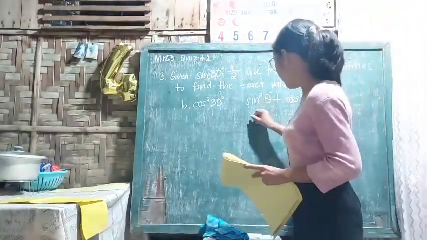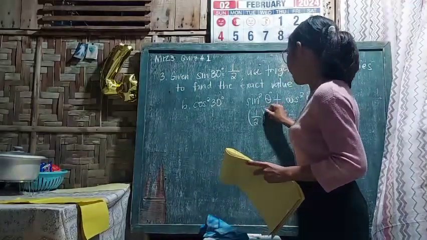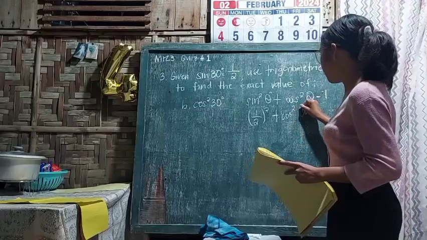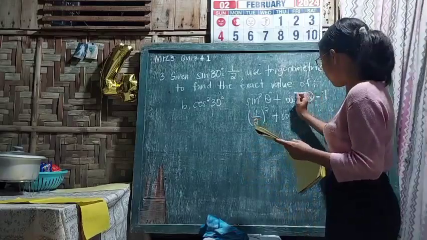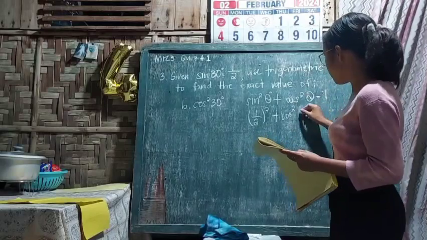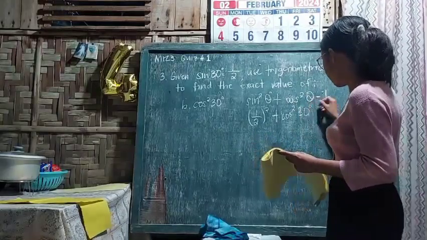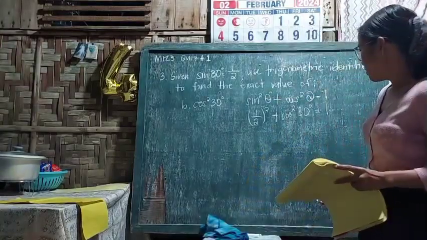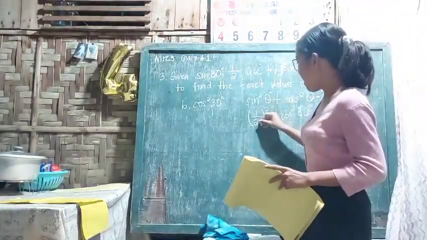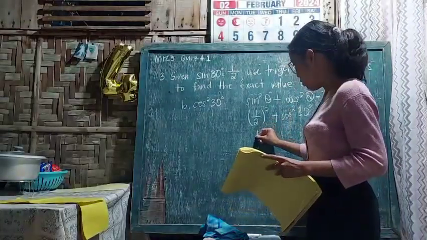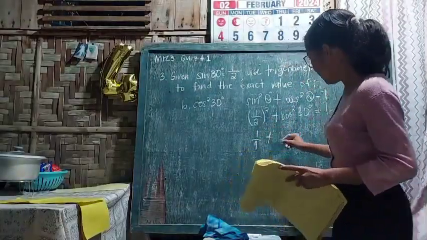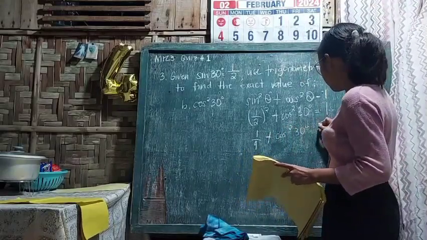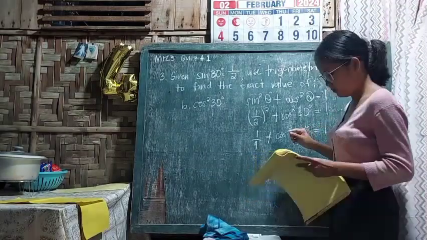This is going to be 1/2 squared plus cosine squared 30 degrees is equal to 1. 1/2 squared is 1/4, plus cosine squared 30 degrees is equal to 1.